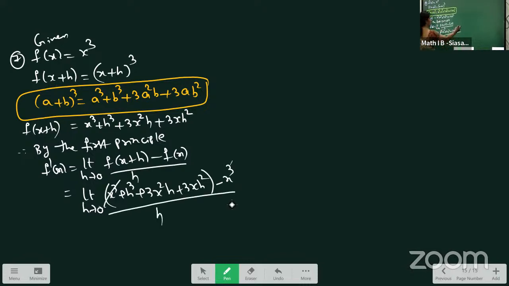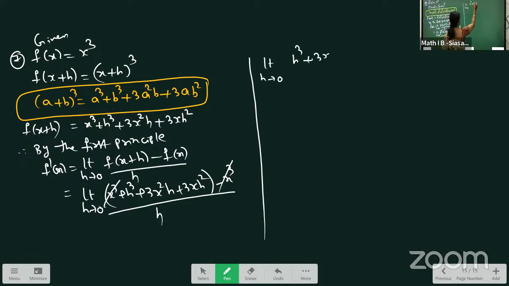Here x cube cancels. So what is left out is limit h tends to 0, h cube plus 3x square h plus 3x h square by h.